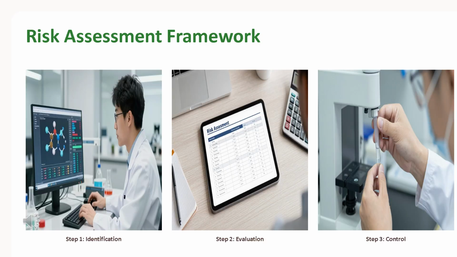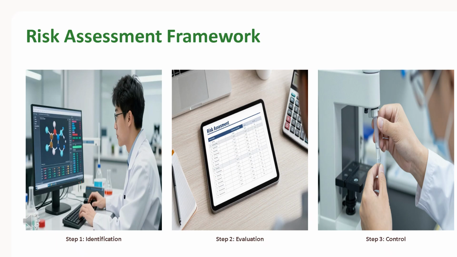Once potential genotoxic impurities are identified, companies follow a structured risk assessment process. The first step is identification, reviewing the entire synthetic pathway to determine where mutagenic compounds might form. The second step is evaluation, where scientists assess the potential toxicity using computational models, experimental data, and regulatory guidelines.